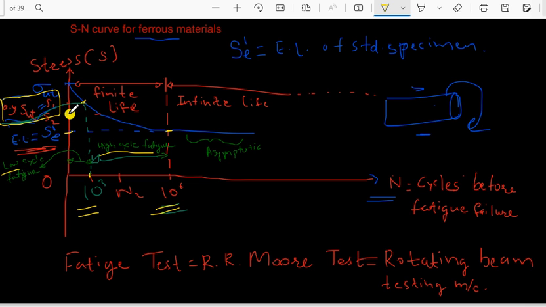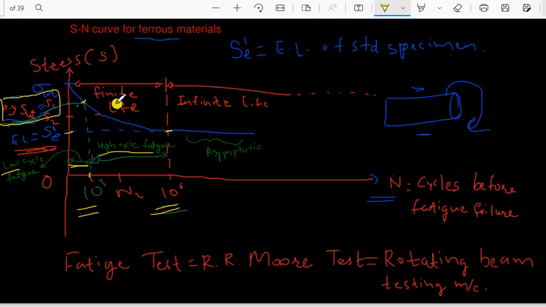That means above this 90% of SUT, if I apply a stress, this complete region will be called low cycle fatigue, and after that, up to 10 to the power 6 cycles, we will call it high cycle fatigue. It is just for your information.